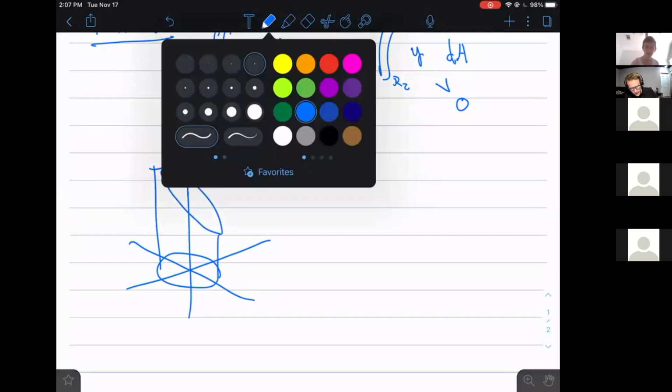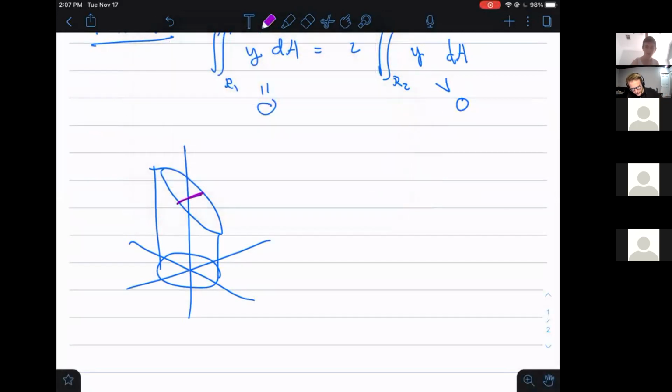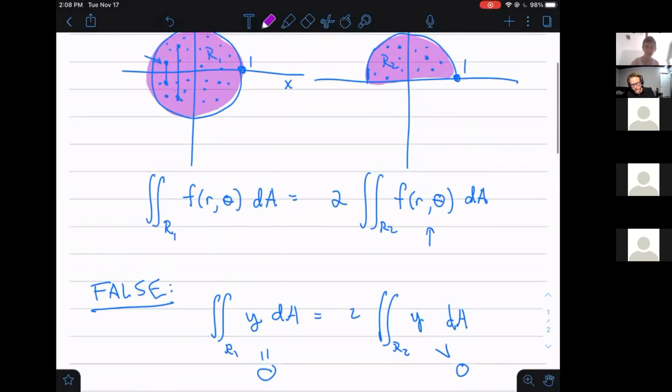And if you go ahead and you cut it in half like this, here's maybe R2, and then thinking about R1 as the entire circle, right? If you were to take this volume right here and double it, you wouldn't get the overall volume, right? Because this ends up taking on larger values over here. So it really depends on the function that you have. A lot of words to say, it really depends on the function that you have. This would not be true for just an arbitrary function here.